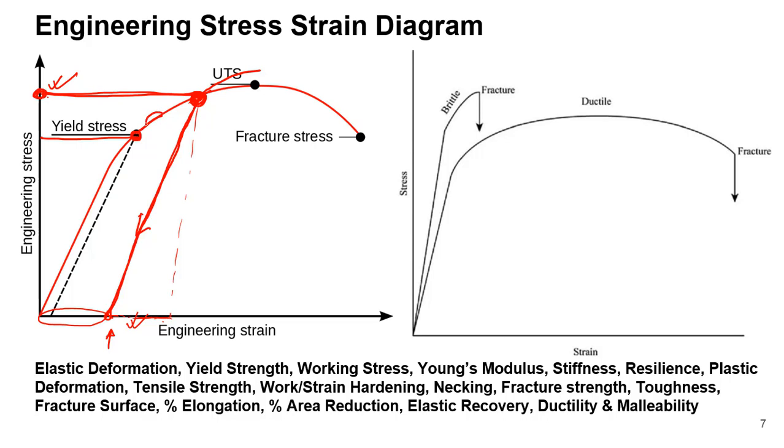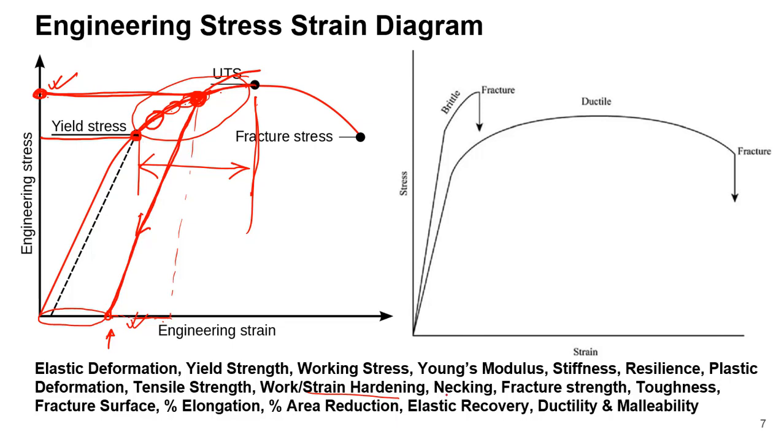Because of the permanent deformation, materials gradually become more and more hard. That is why this region, where the material is becoming more and more hard because of the plastic deformation, is called the strain hardening region, or the work hardening region.